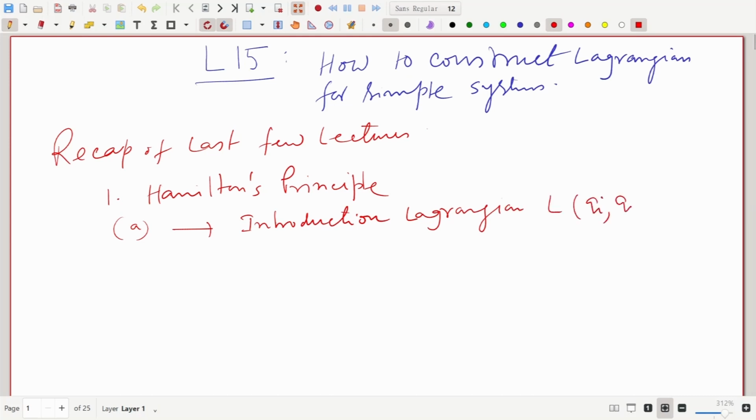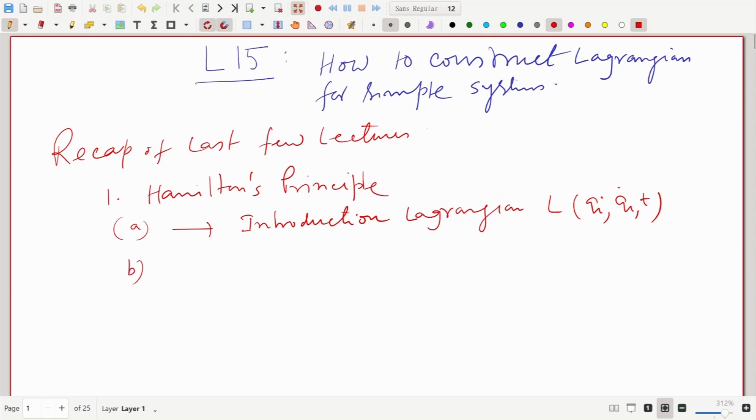The first part says that every mechanical system is characterized by a definite function of the generalized coordinates q_i, generalized velocities q_i dot, and t. The second part says what the structure of this function will be: the classical system will evolve in such a way that a mathematical quantity S, defined as the integral of this Lagrangian dt from some initial time to final time, should be an extremum.